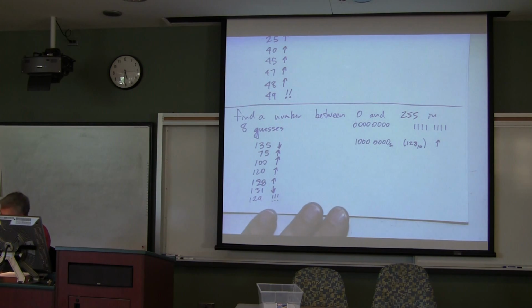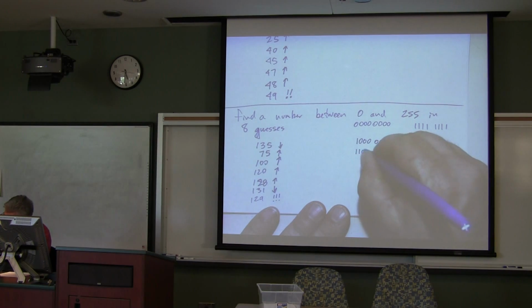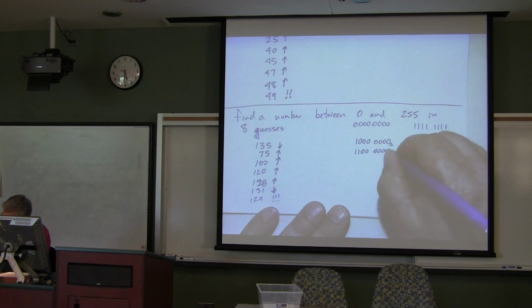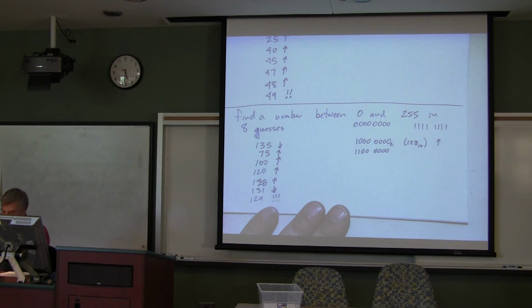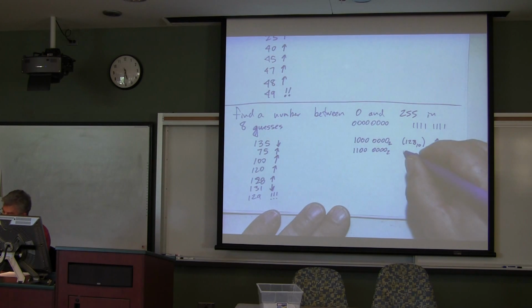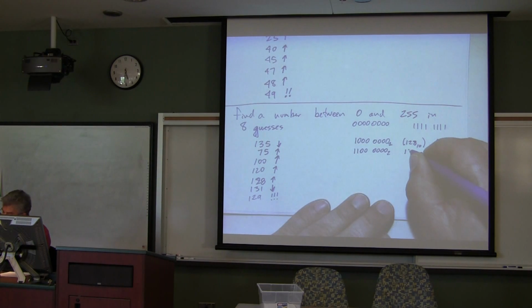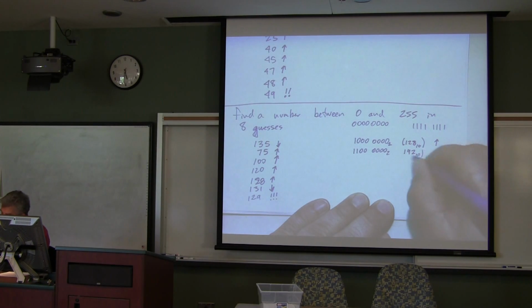So what's the next one to guess? Well, 11000000. Base 2. This is what value? I believe it's 192. And it's lower.